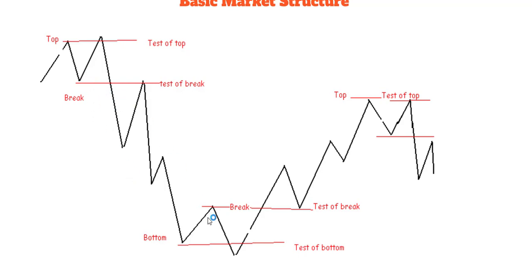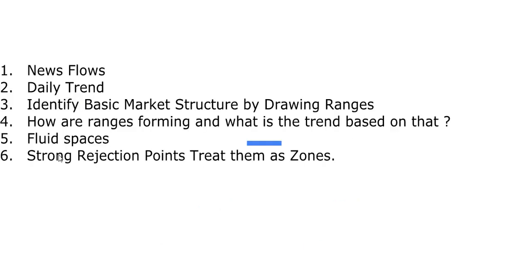When ranges are forming one below the other, we assume the trend is to the downside. When ranges are forming one above the other, we assume the trend is on the upper side. Okay, so let's take an example and try to assess the 6 points, this point 2 to point 6, from a real chart.